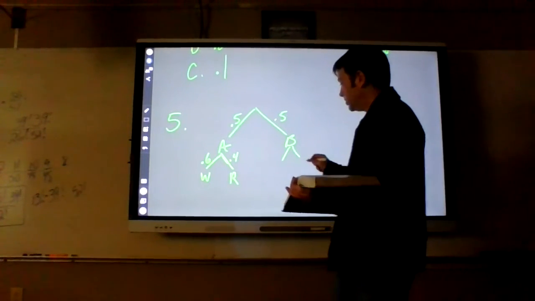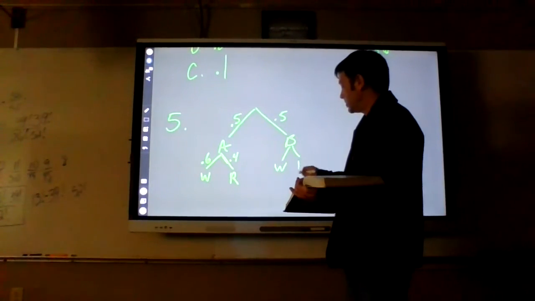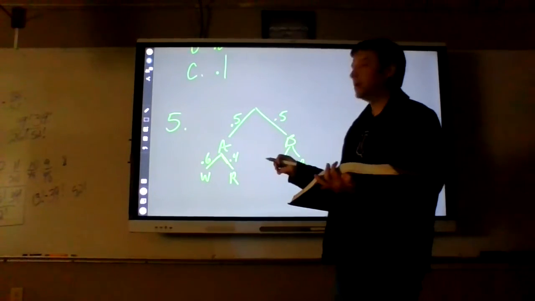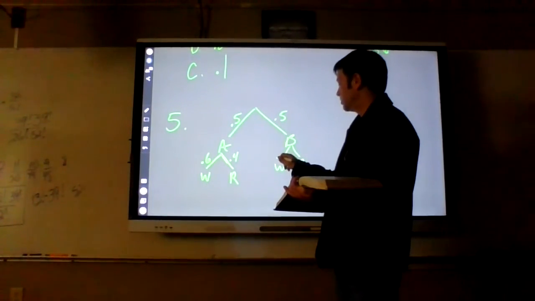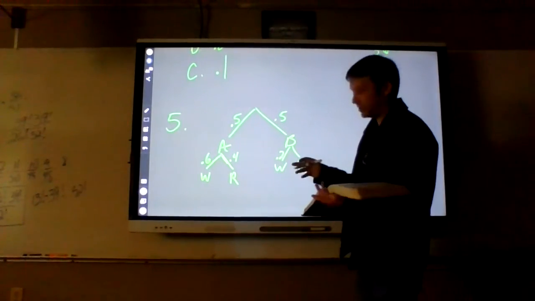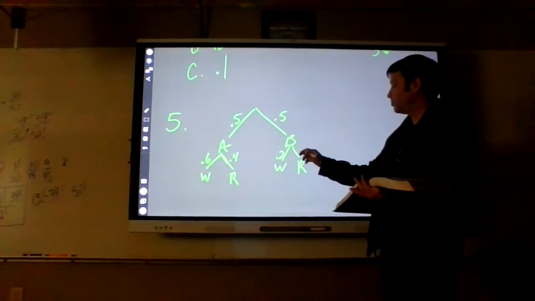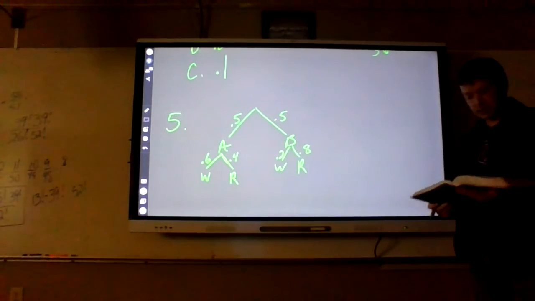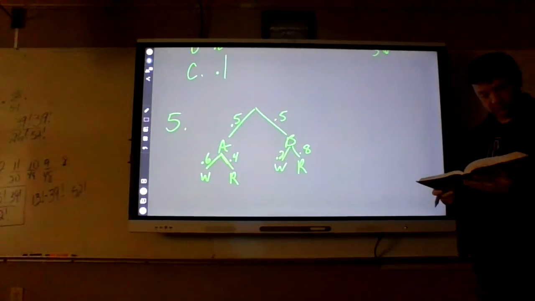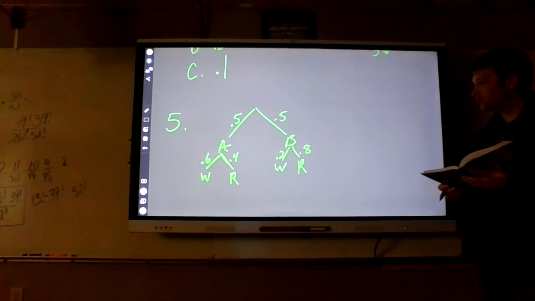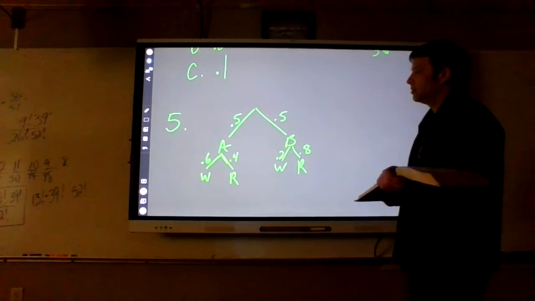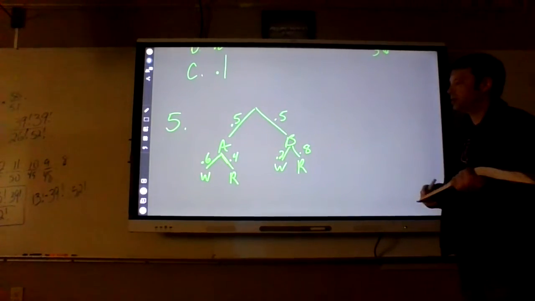And if we go jar B, what's the chance that we're going to get a white? 1 out of 5 or 0.2. You could use fractions, I don't care. And then that leaves 4/5 or 0.8 for this one. Wait, how'd you know it was 0.2 and 0.8?